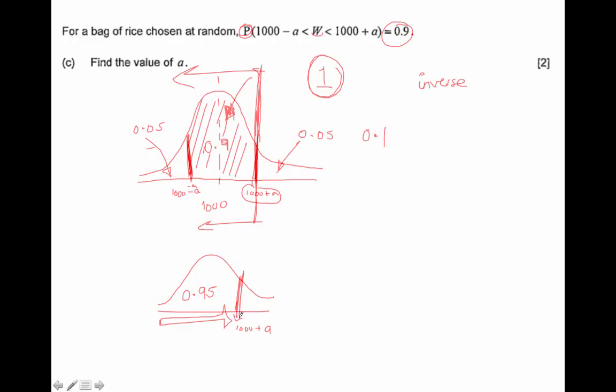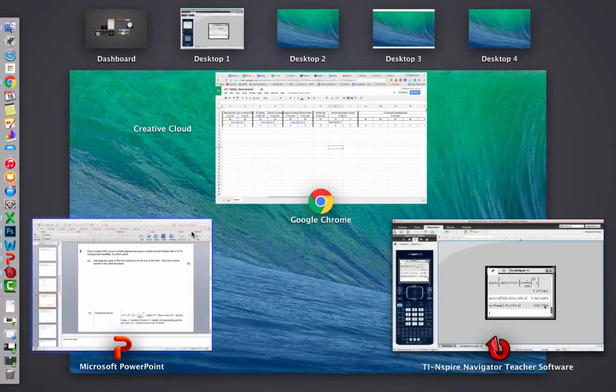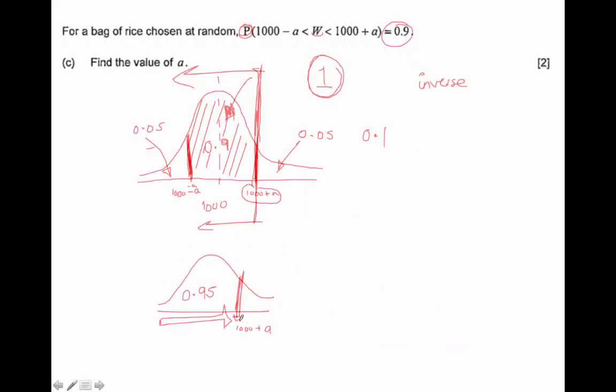So I could do inverse normal, 0.95. Now, in fact, some of you would have noticed that's exactly the question that we did before. Look, inverse normal, 0.95, mean and standard deviation, and the answer was 1,006.5794. So that means that 1,000 plus A is equal to 1,006.5794.